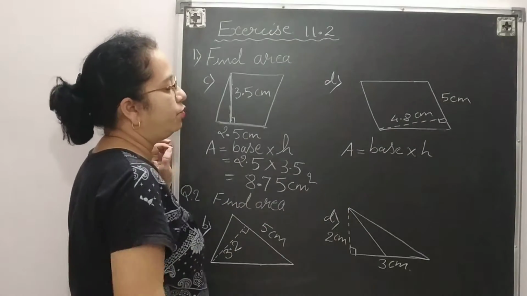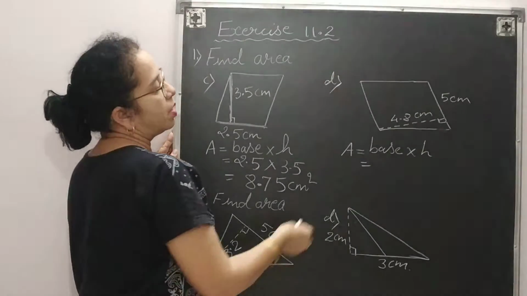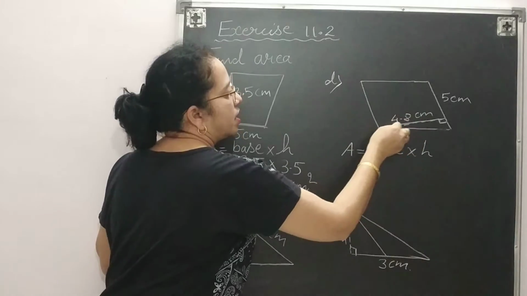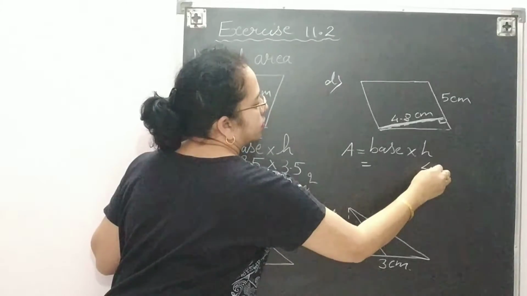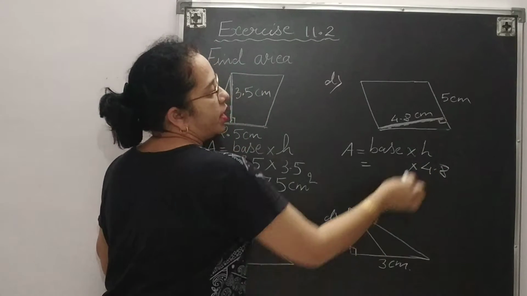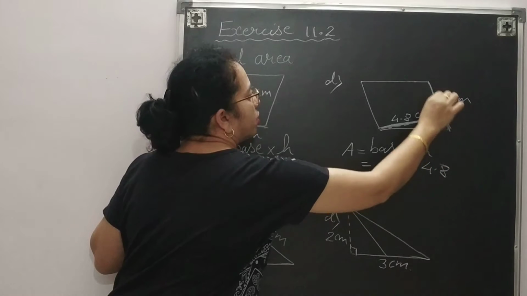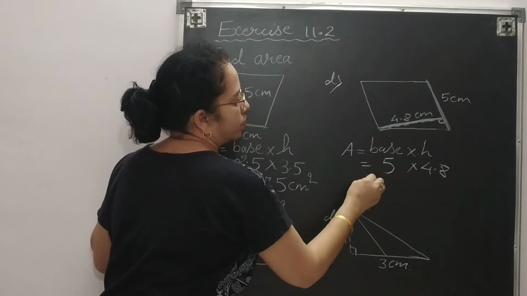Now come to the D figure. Again I said don't think about the base. First you think about the height. Wherever this perpendicular sign is there, that is the height. So your height is 4.8. Now wherever 90-degree angle is there, that line is always base for that perpendicular. So here your base is 5.